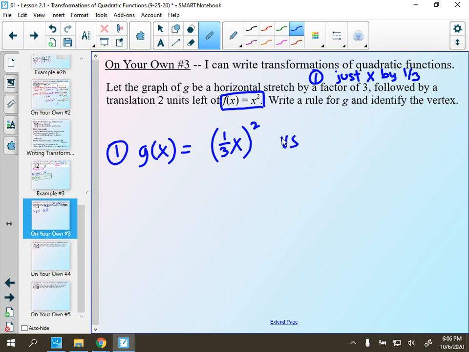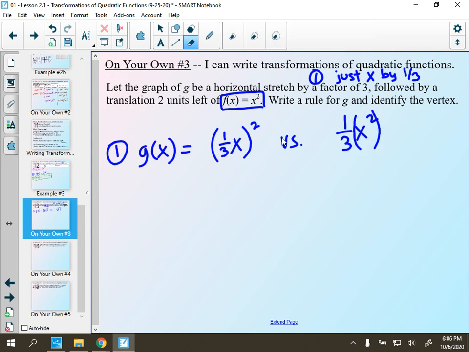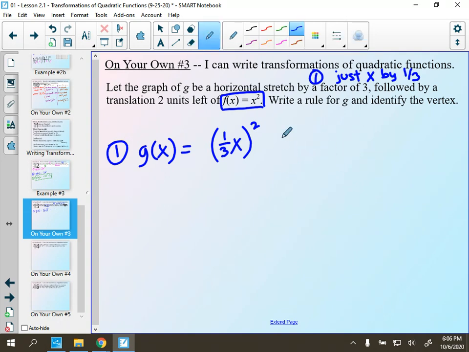So the head-to-head look would be, is that different than this? And absolutely it is, because here we've multiplied the whole function by 1/3 versus what we did here, saying I just need to multiply the x by 1/3. Now this does need some simplifying, and the nice part is if we simplify it, we can get rid of the parentheses.